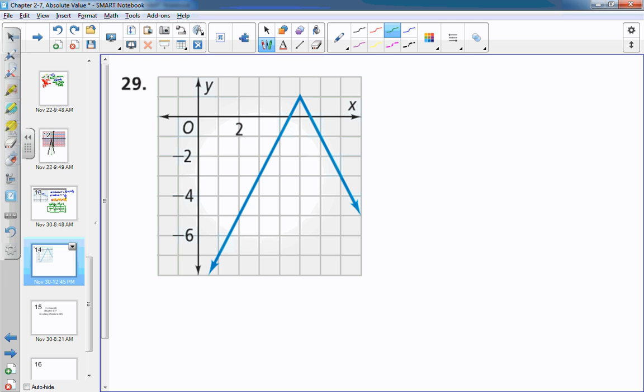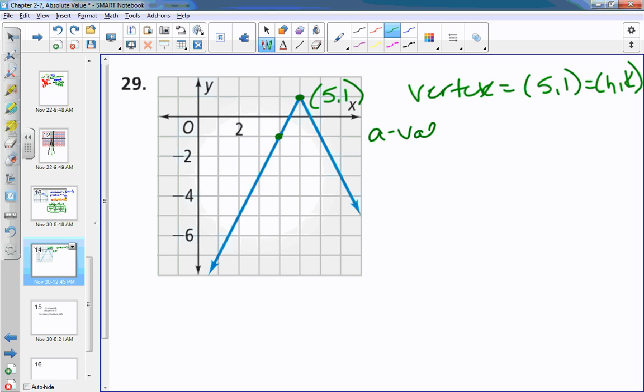I'm going to do one more since I still have time. Okay, again, what did we find first? The vertex. So what's my vertex here? 5, 1. So my vertex is going to be 5, 1, and that's going to give me H and K, correct? Now what did we do next? Find your slope. So I'm going to take this point right here, and my A value, is it a mountain or a valley?